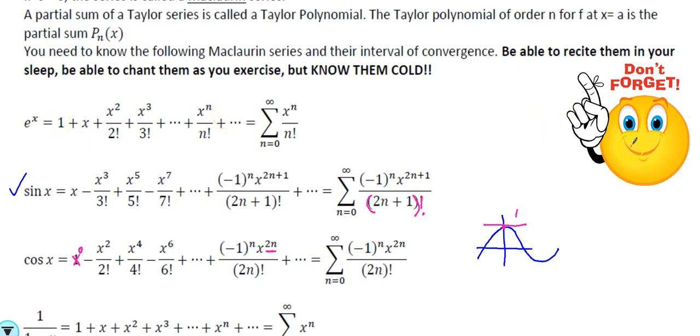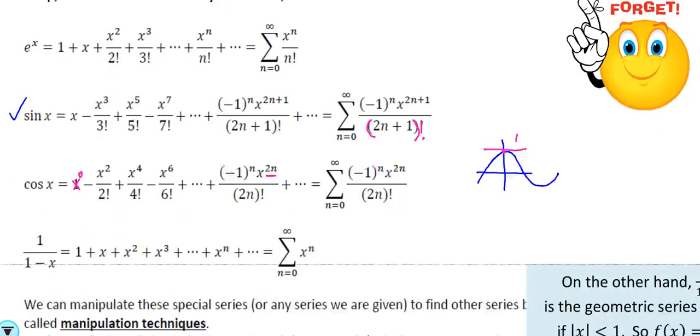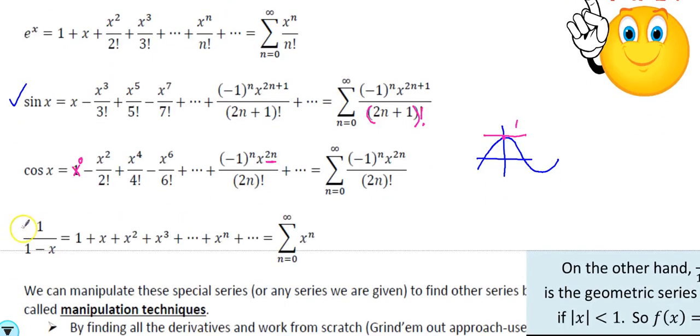So don't forget them. Now let's talk about the last one, the sixth one, which is a geometric series. It is also a power series. They are all called power series because of the power. But e to the x, sine x, cosine x are transcendental functions. 1 over 1 minus x is a geometric series, whose expanded form is a over 1 minus r.